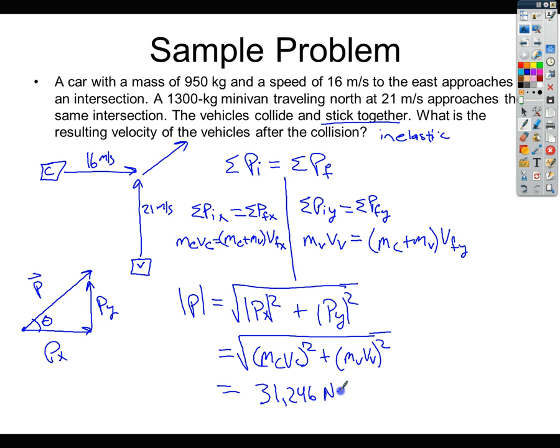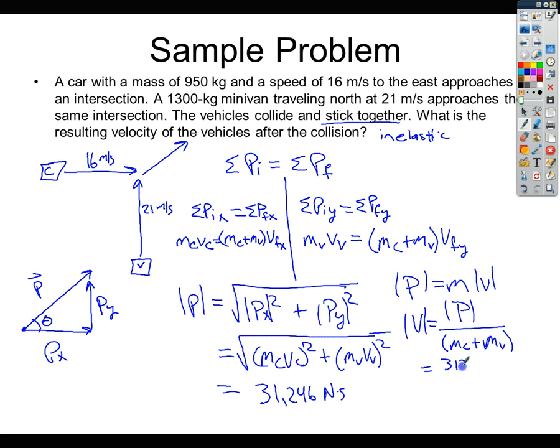If you plug all your numbers in, you'll find the absolute value of the momentum should be 31,246 newton seconds. Remember, we could also write kilogram meters per second. If we go back and think about momentum, the absolute value of the momentum should be equal to the mass times the absolute value of the speed. We want to find the speed, so it's the momentum of the system, where the system consists of the car plus the van.